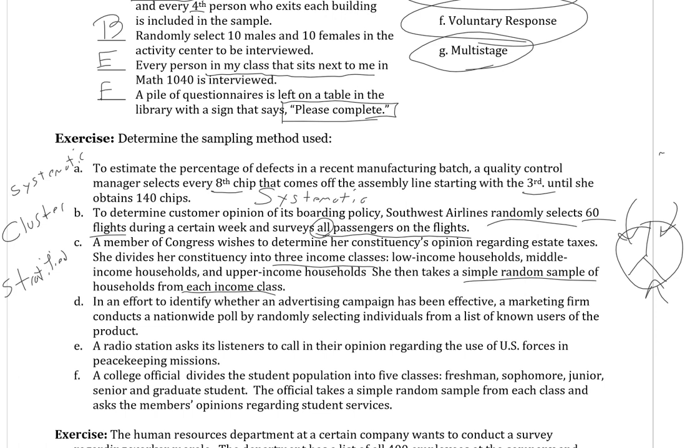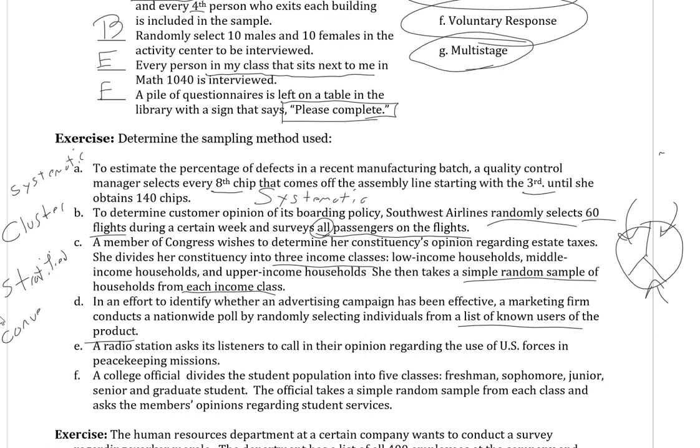However, the point of contention is that it's a list of known users of the product. That is a very convenient list for them to have. They don't have a poll of the entire nation, which is what they really want to do. If they're advertising, they want to see how their advertising did, and particularly include those that didn't already use the product. So I would probably argue that this is probably convenient or even multi-stage.